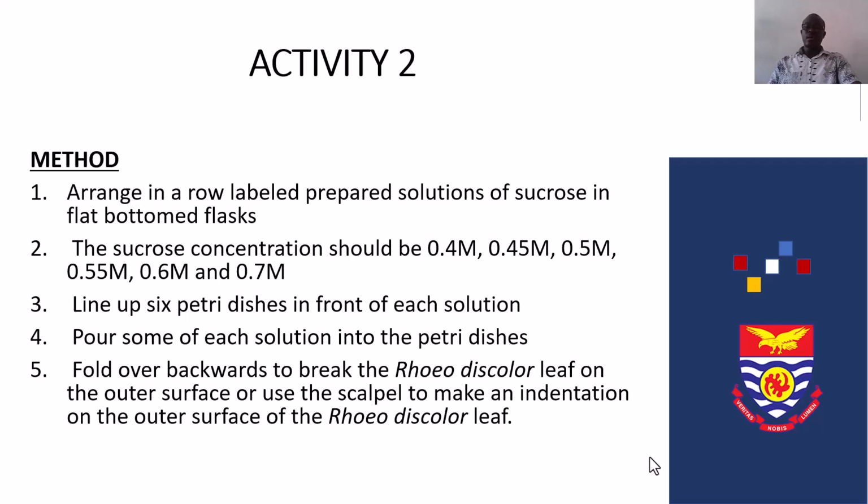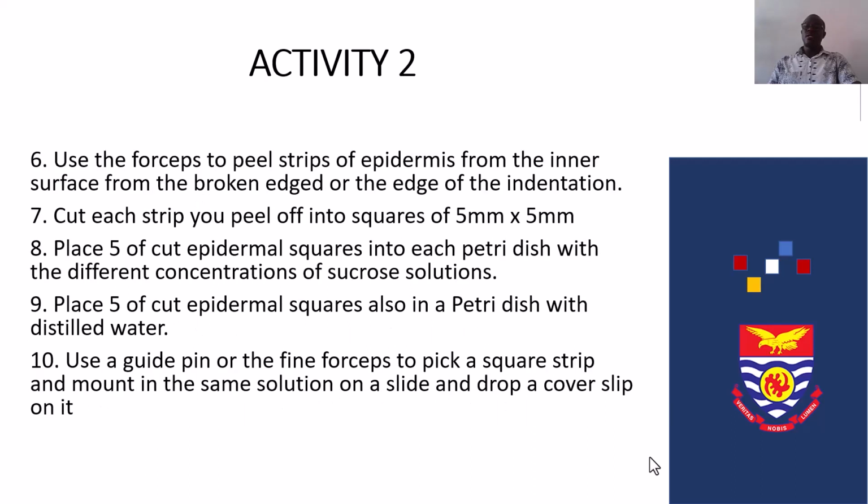Fold the Rhoeo discolor leaf backwards to break it on the outer surface, or use a scalpel to make an indentation on the outer surface of the leaf. Then use the forceps to peel strips of epidermis from the inner surface from the broken edge or the edge of the indentation.